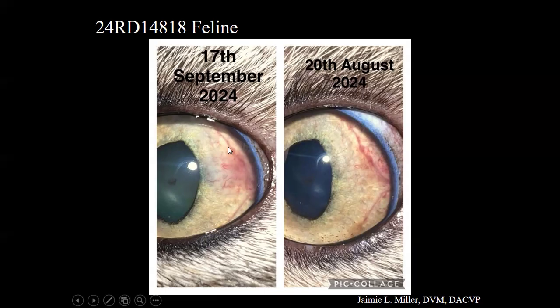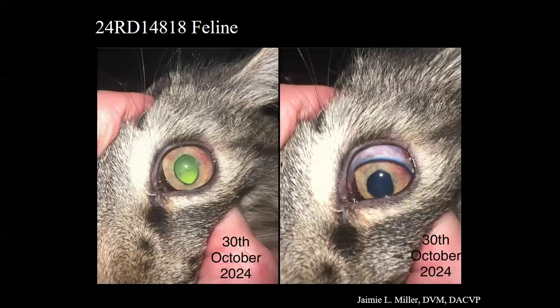And then again, progressing and getting worse about a month later here. And it kept getting better, kept getting worse despite being on topical and oral treatment. What the treatment was, they did not specify. And then here's the cat, even a month further. So just kind of more of the uveitis changes clinically there.